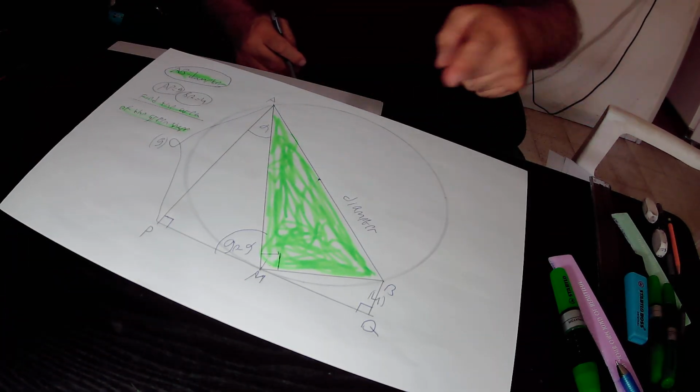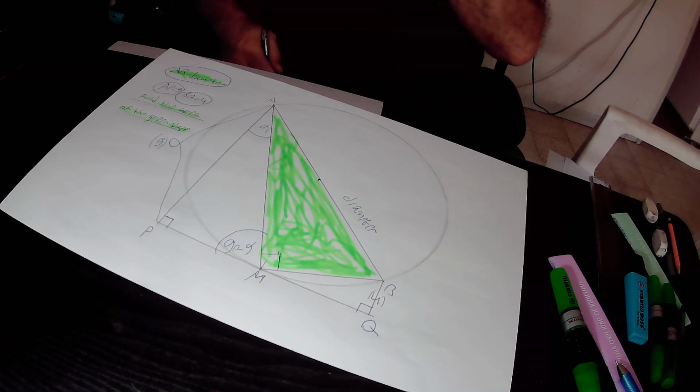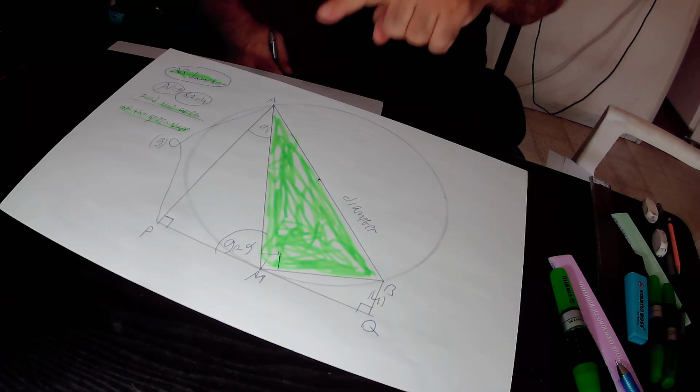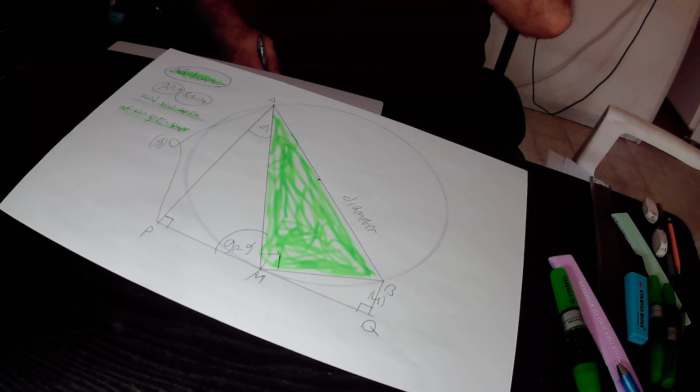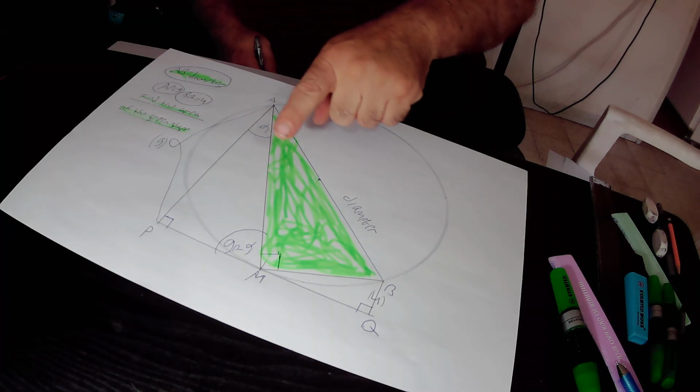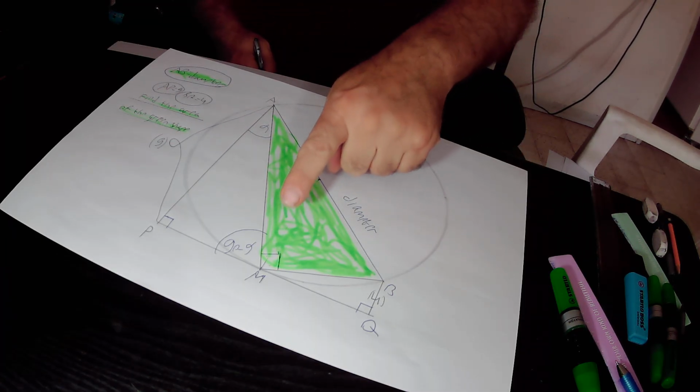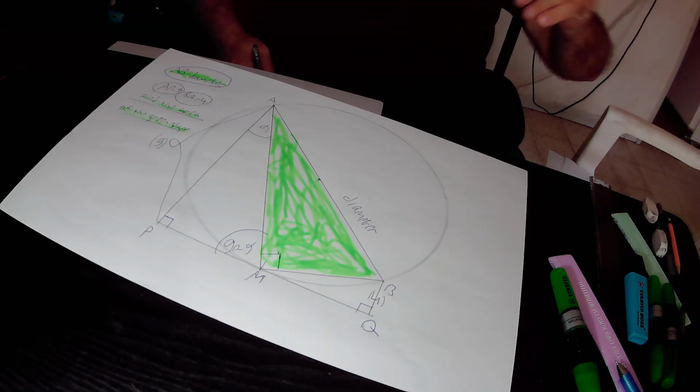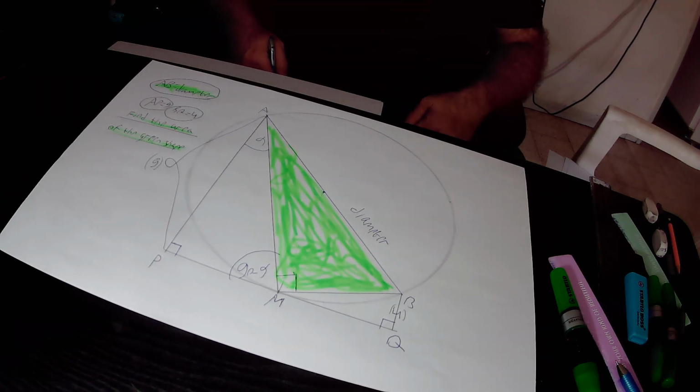PQ is a tangent to the circle at point M. Therefore, PQ is absolutely a straight line. So if we focus on the upper side of the straight line PQ at point M, the sum of the angles must be equal to 180 degrees according to rule 3.